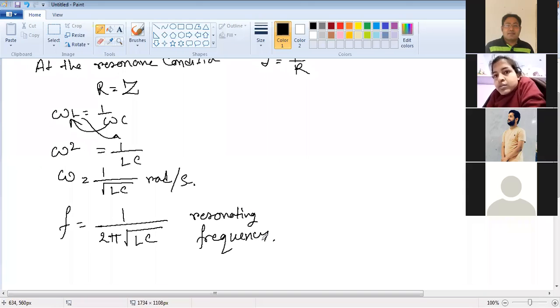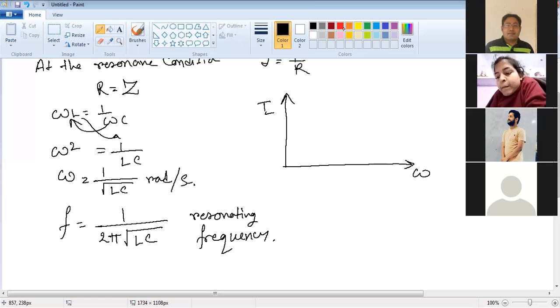Okay. Now we have to remember these things. What is the graphical representation of frequency versus current? Just remember these things. This graph was just like this.